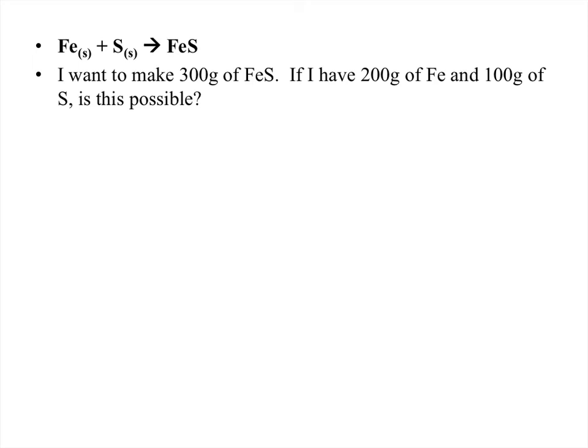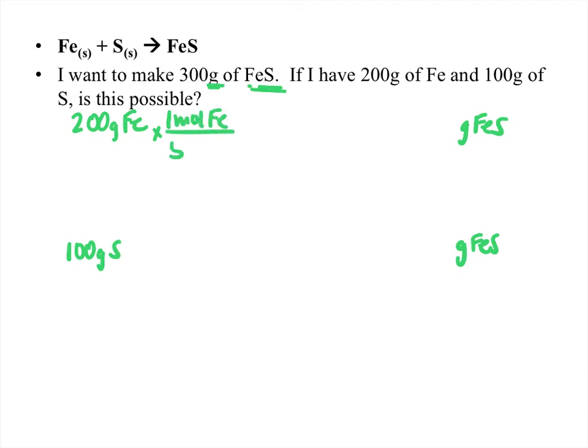So for this one, I'm going to do two setups, one with the 200 grams of iron and one with the 100 grams of sulfur. I'm going to take this to grams of iron 2 sulfide. I want to see if one of these will hit 300. That's ultimately what I want to do. So I'll convert this to moles. The mole ratio is easy for this one because it's a 1-to-1 ratio of everything in the equation, so that makes the setup easy.